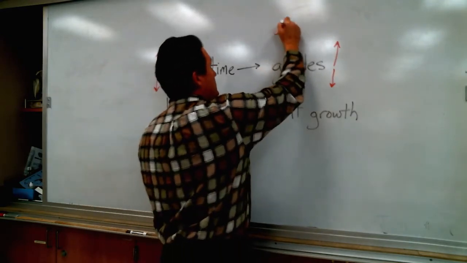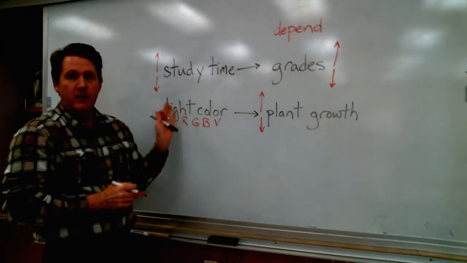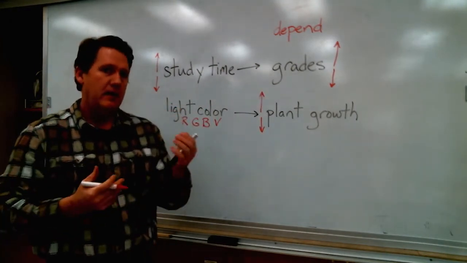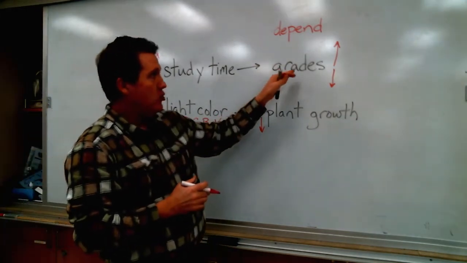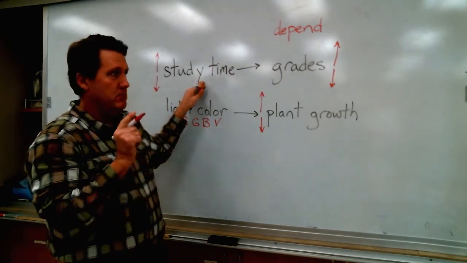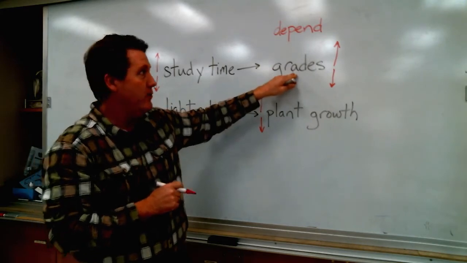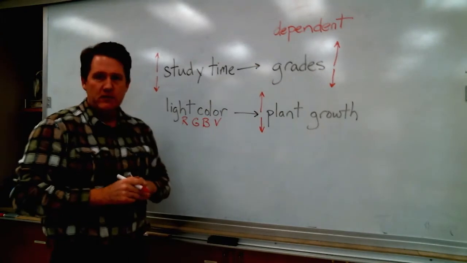And these depend on these other ones. And so you always hear about dependent and independent variables. So just put it to the test. Say grades depend on study time. Does that make sense? Yeah. So I would say that this is the dependent variable. So that one is dependent.